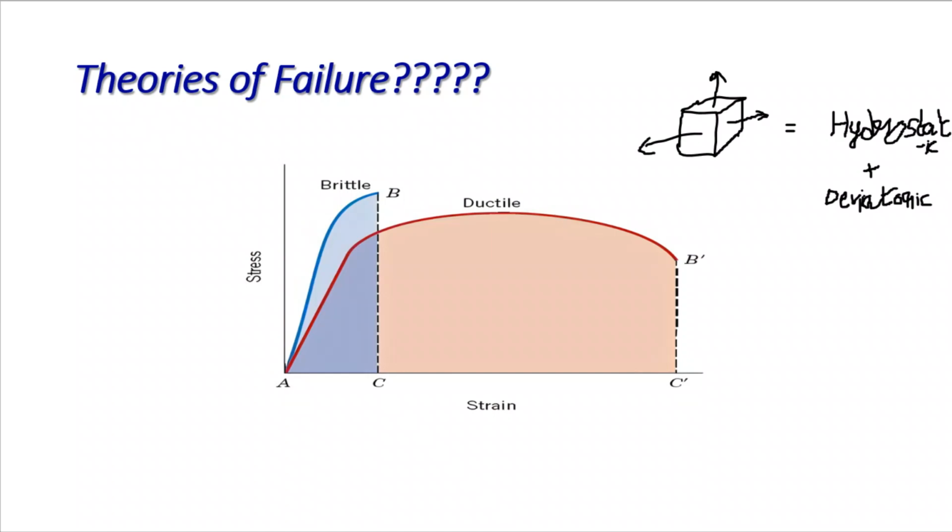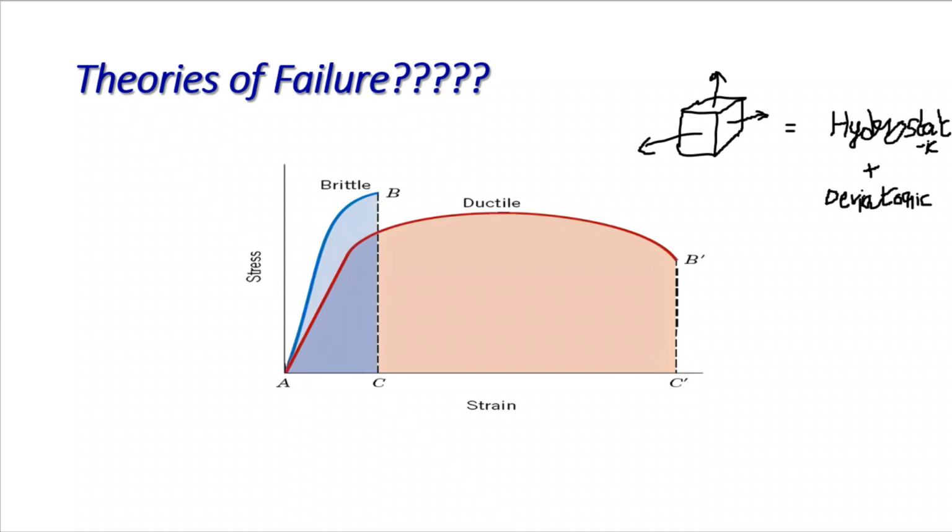So what is hydrostatic and deviatoric stress? If you take a material, suppose this specimen, if it causes a reduction in volume under the triaxial loading, it is the hydrostatic stress that is responsible for its reduction in volume or the distortion. So what is deviatoric stress?